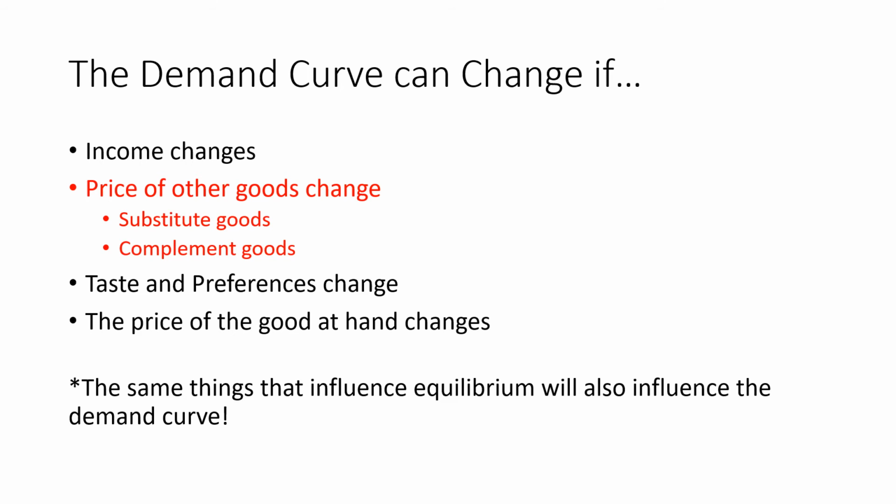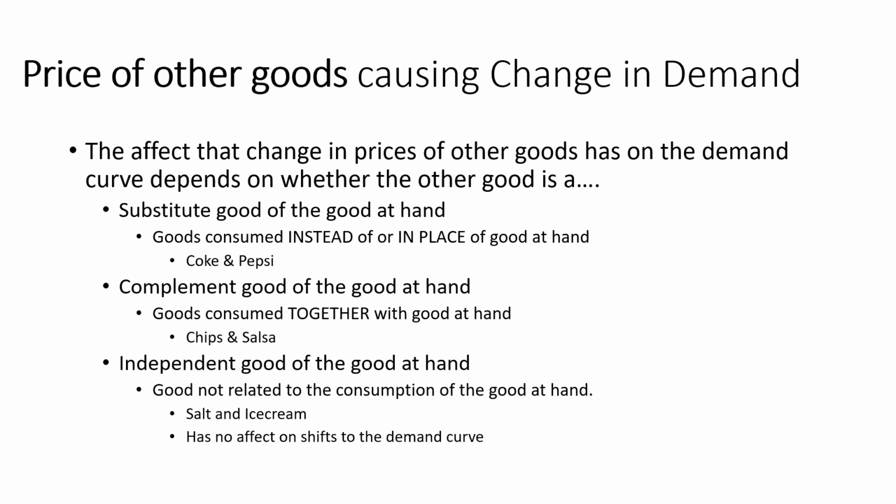Other things can change the demand curve. One, we're going to look at how the price of other goods change the demand curve. Other goods can be substitute goods or complement goods. So a substitute good is just what it sounds like. It's a good that is consumed or purchased instead of the good at hand that we're talking about. So if we're trying to look at demand curves for Pepsi, Coke is an example of a substitute good.